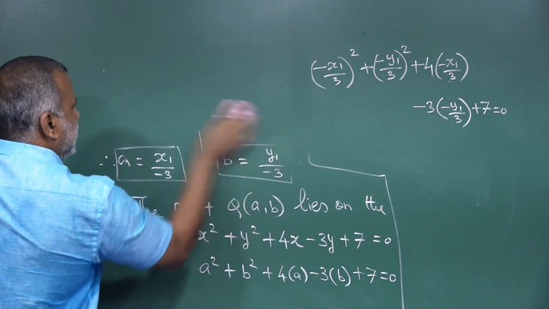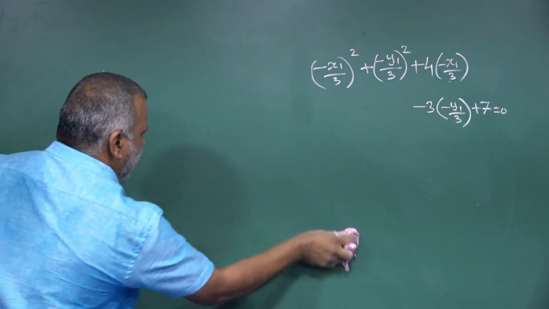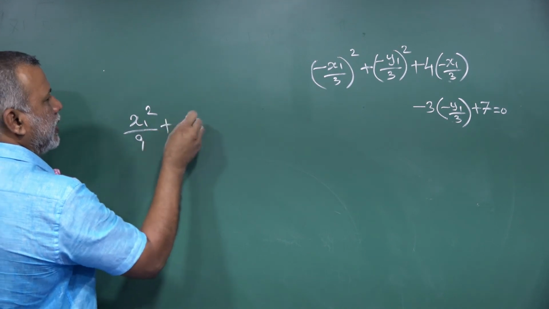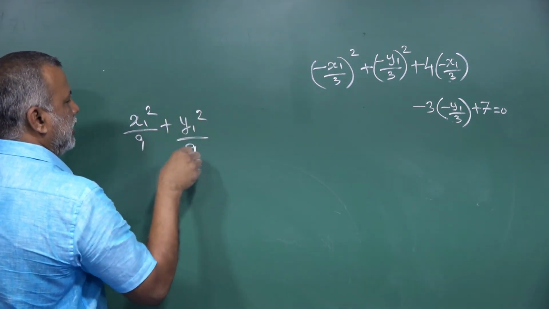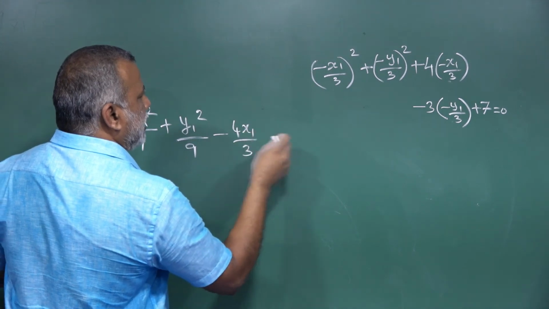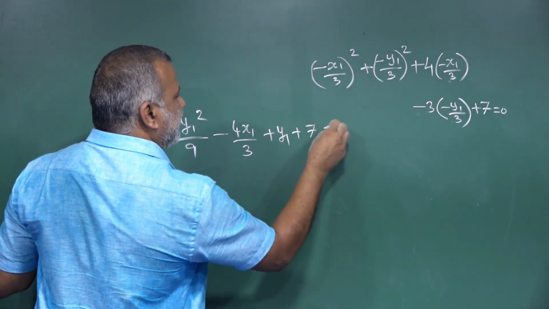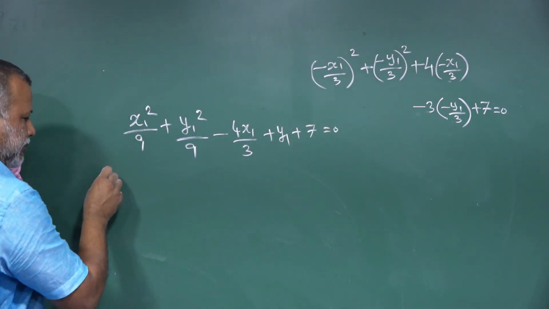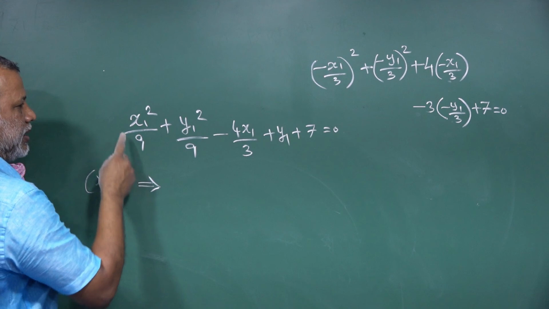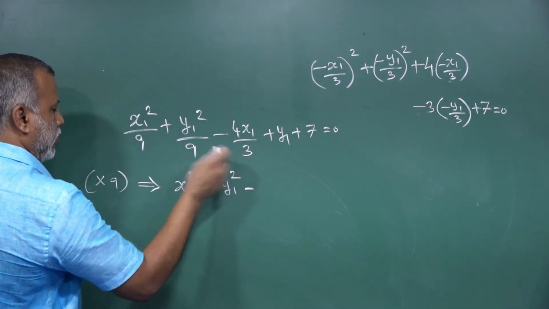Now we have to simplify this equation. Just simplifying, listen, only one line. We are having x1 squared divided by 9 plus y1 squared divided by 9, then minus 4x1 by 3. 3 will be removed. We can get positive y1 plus 7 equal to 0. It is multiplied by 9 because the denominator having the highest value 9. So we can get x1 squared plus y1 squared. 3 will be removed.